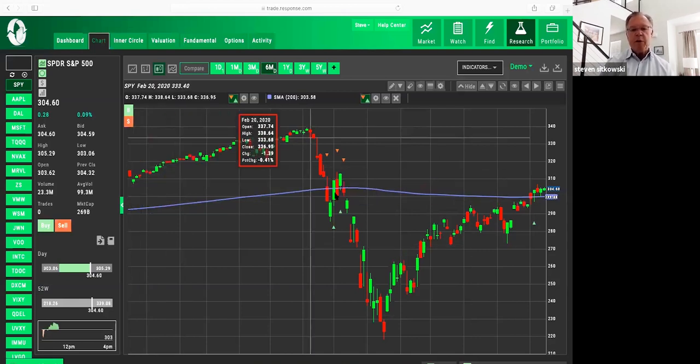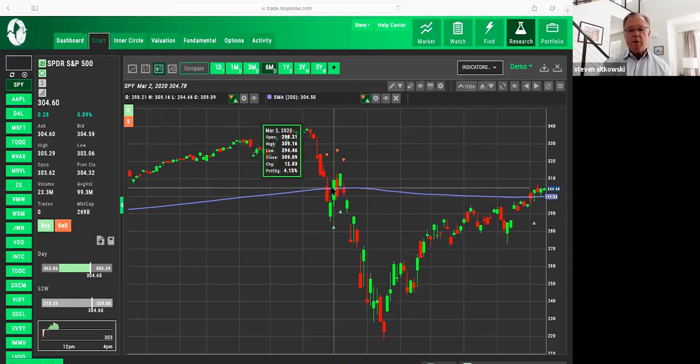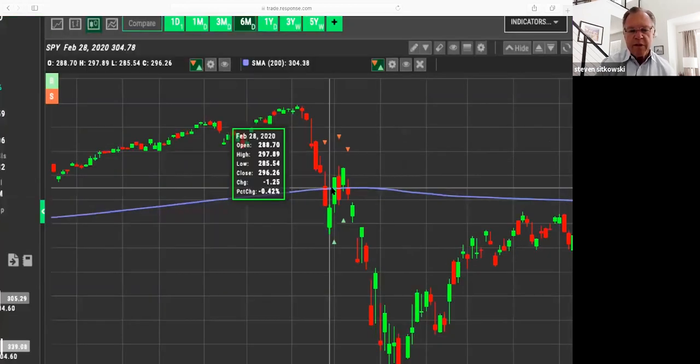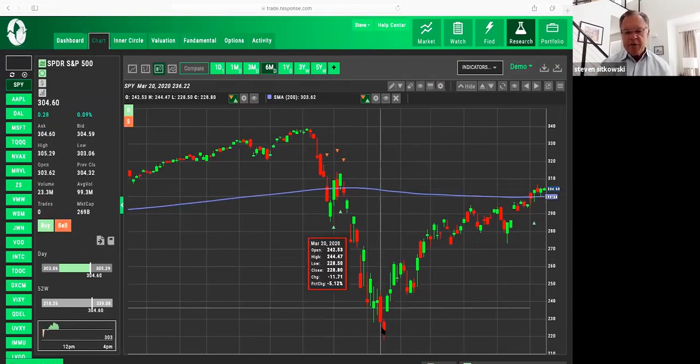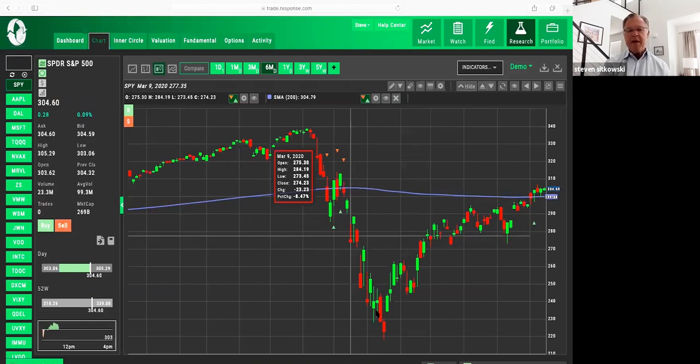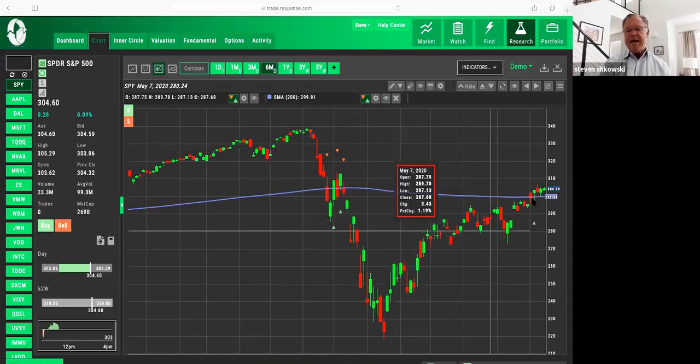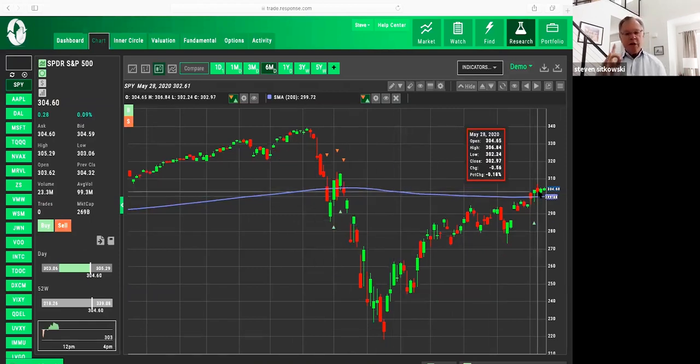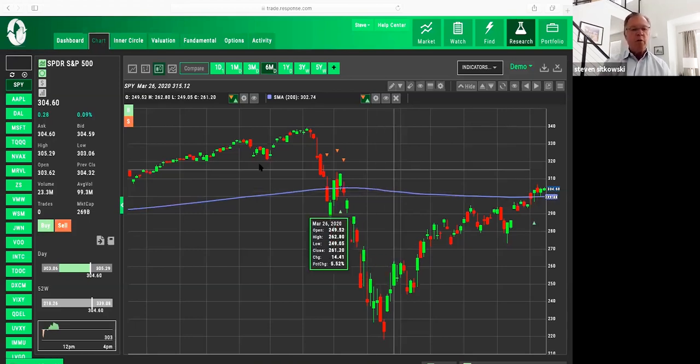The market was bullish, and then it crossed below when the SPY was at 296. And then it dropped way down to 228, right? So that was a big trend reversal. And it's just now coming back up above the 200-day moving average. So it shows you where things are bullish and where things are bearish.